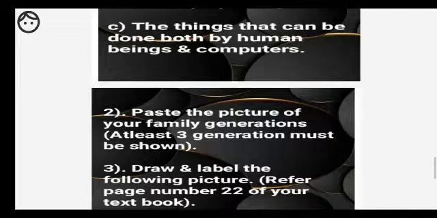Okay, in this way in one page itself you will paste your pictures, down then your parents' picture, then your father and mother. In this way you will show 3 generations of pictures. This is your second assignment.